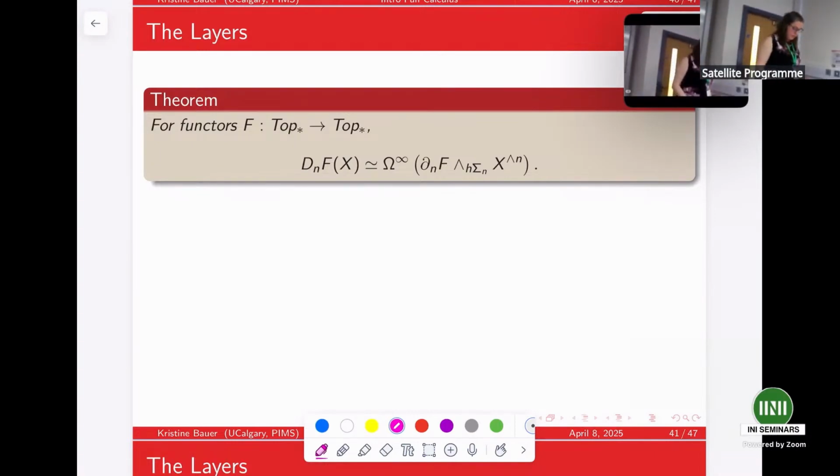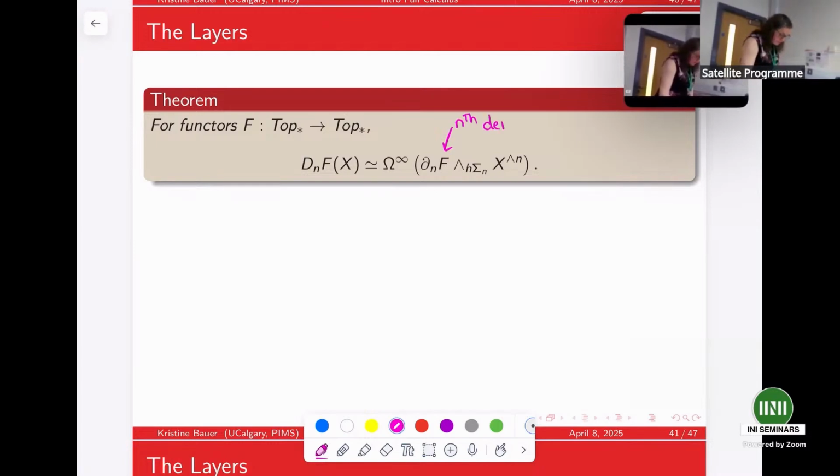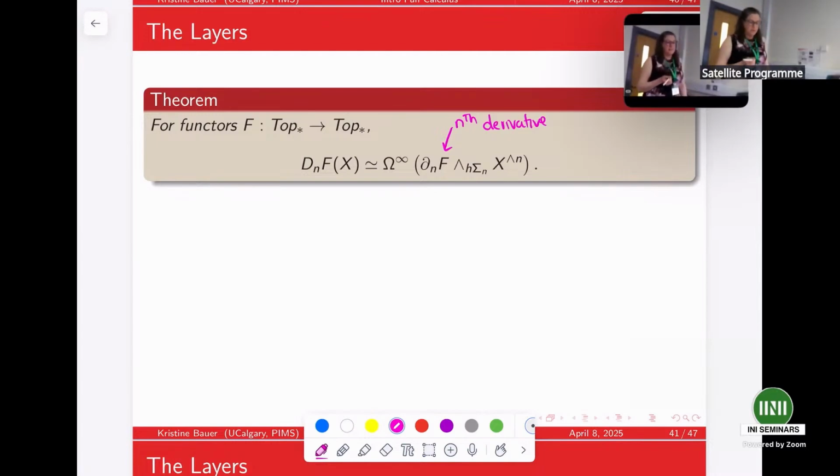As Connor mentioned yesterday, this is some kind of nth derivative or differential. The symmetric group has to act on it. It's a spectrum. That's why there's an omega sitting here. You notice that I told you as a spoiler that I was going to go back to top. Here we are. We're in functors from top to top.